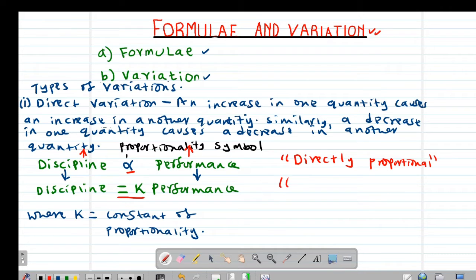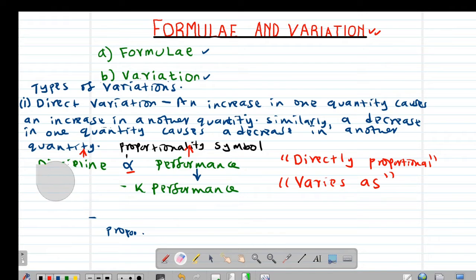If you also see terms such as varies as, that a certain quantity varies as another quantity, it also means you are dealing with direct variation.